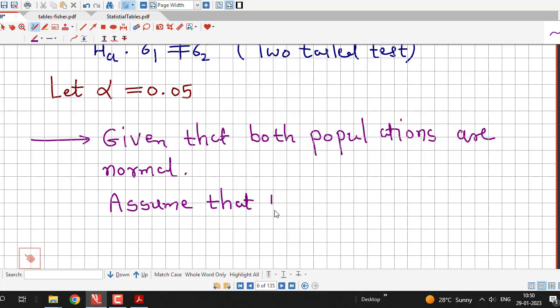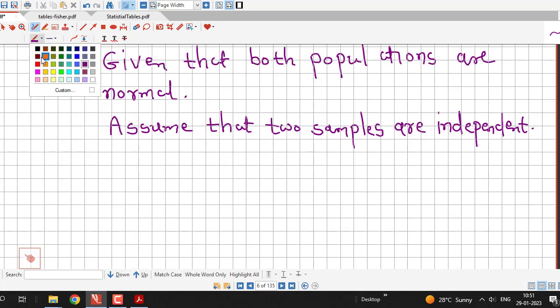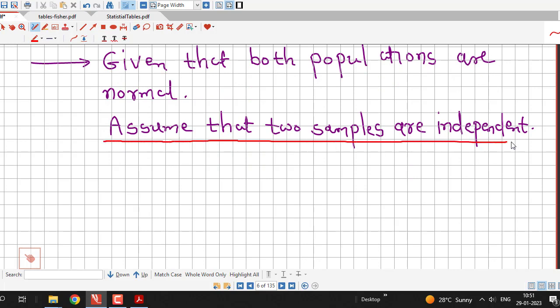So assume that the two samples are independent. If these two conditions are satisfied, then only we can apply the F ratio test. Whatever condition is not given in the question, we must assume it, otherwise we are not able to apply the F ratio test.